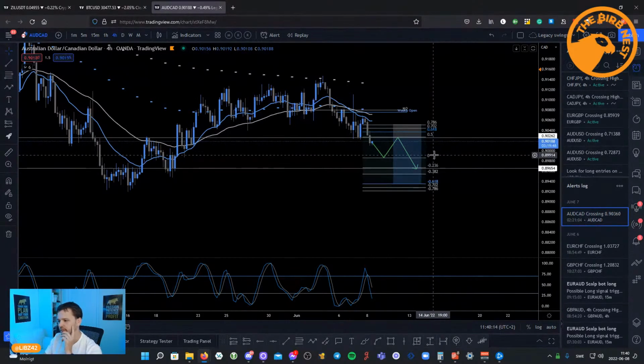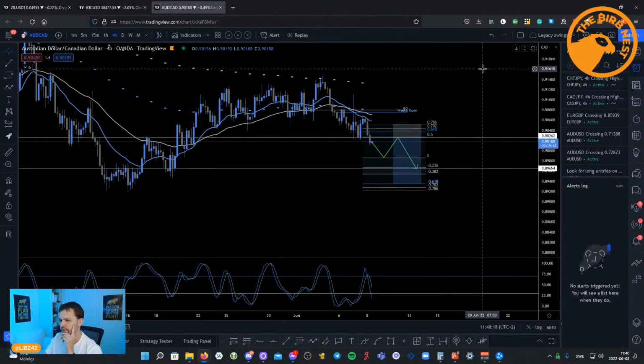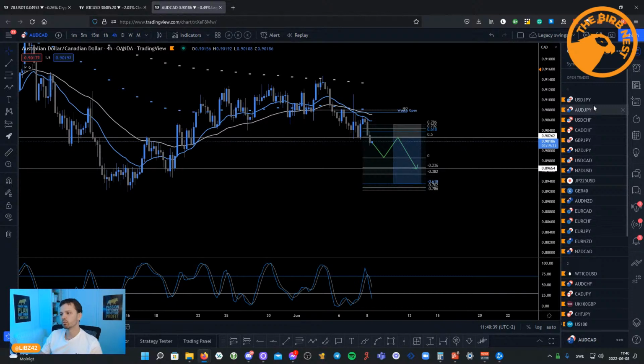I've not been doing a lot of trading recently, honestly, because I've not seen a lot of setups. As a trader, it's very important that you understand when you shouldn't be trading, right? So understand in which market conditions you are trading the best, and in which market conditions your system is giving you the best setups.